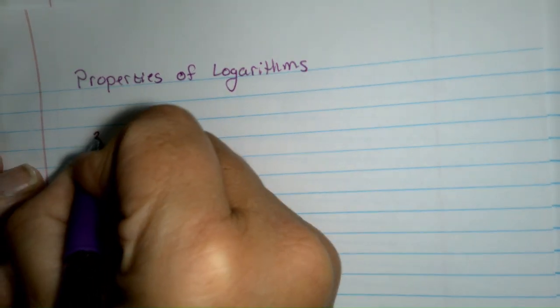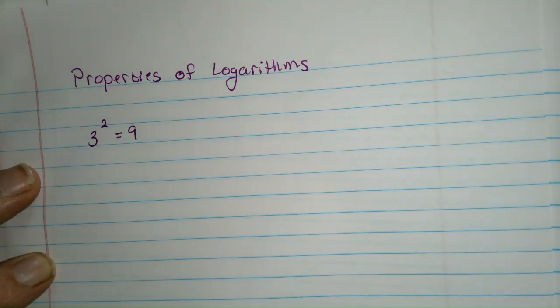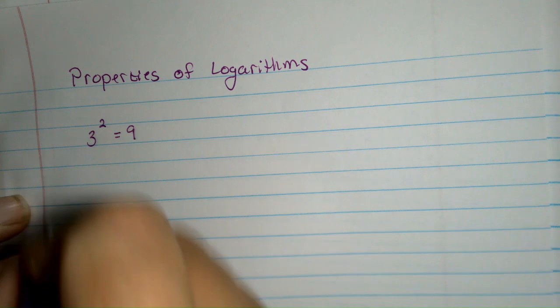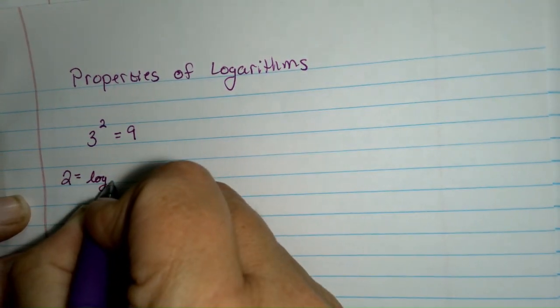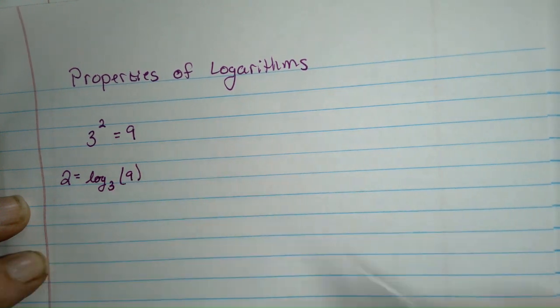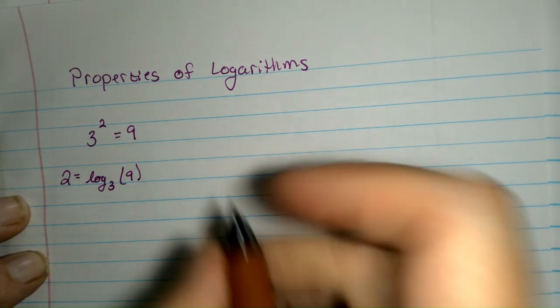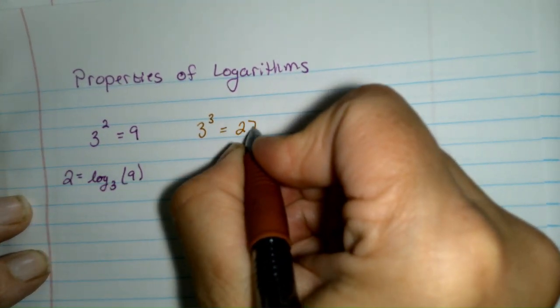So 3 squared we know is 9. And if you've seen my other videos, I'm just going to reformat into the log form. Therefore 2 would be log base 3 of 9. We know that 3 to the third power is 27.